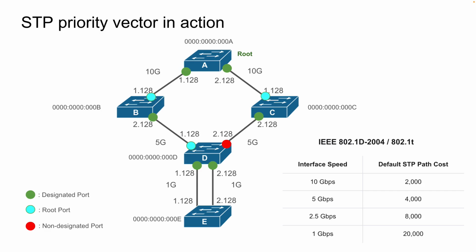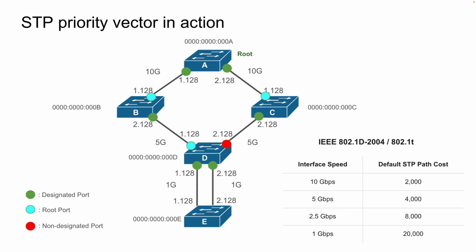We have a tie over the RPC parameter. Then the bridge ID of the neighboring switch determines the root port and the blocked, non-designated port. Switch C has a numerically higher MAC address than switch B. Based on this, switch D chooses the root port towards switch B, and so it blocks the port towards switch C. Okay. Both downlinks on switch D are designated.